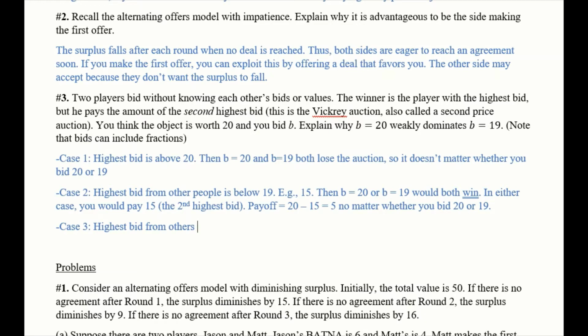We've talked about when the highest bid is below 19. So last possibility, what if it's bigger than 19 and smaller than 20? I said bids can include fractions, so that would be, let's just pick 19.5.